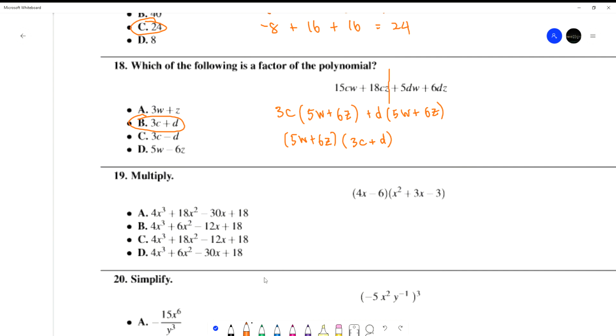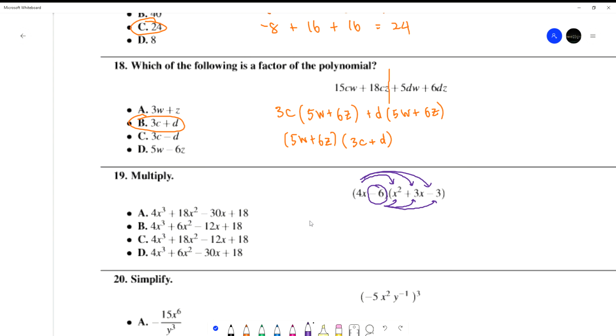Number 19. It says multiply. So we have to do distributive property, right? So 4x times x squared plus 3x minus 3, right? And then we have negative 6, don't forget that sign, times x squared plus 3x minus 3.